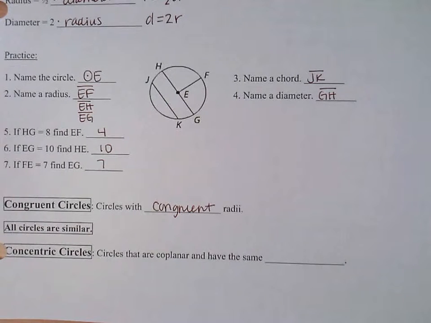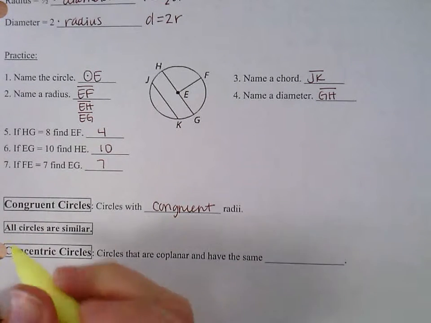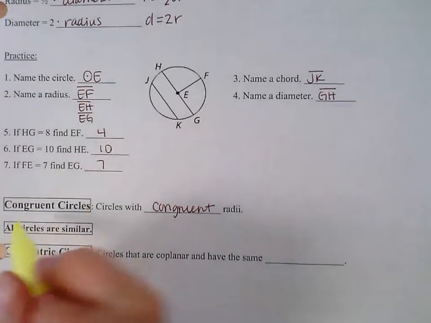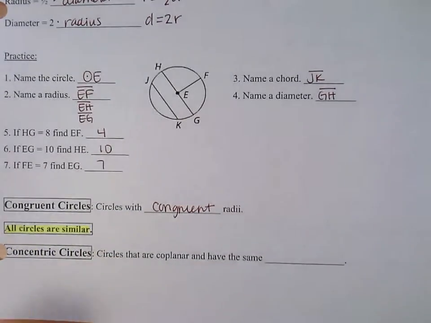Then in terms of similarity, since we just went through an entire unit on similar polygons, specifically similar triangles, all circles are similar to each other. Okay, all circles are similar. Every circle is similar to every other circle.